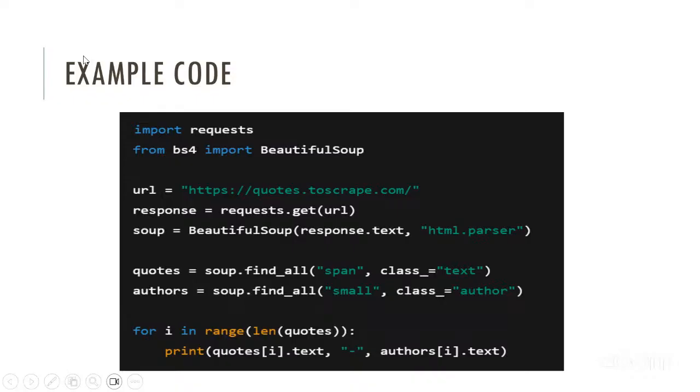Now we give the URL of the website and download it. Then requests.get(url) sends a request to the website and stores it in the response. So the response contains the HTML code of that web page.